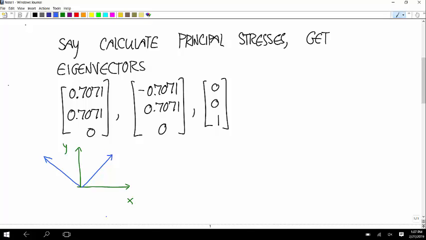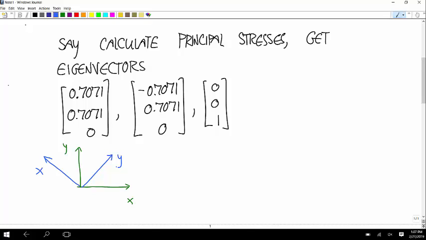Then the middle one corresponds to this, and you call that your y-axis. And the third one corresponds to this, and you call that the z-axis. So let's say that tentatively you want to go x, y, and then z coming out.